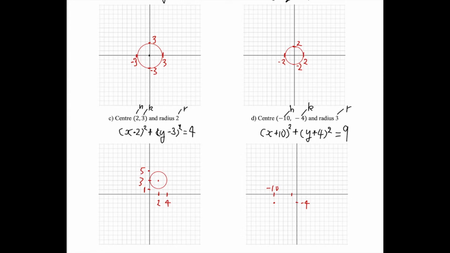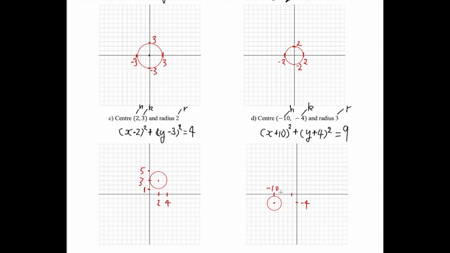Okay, so time to draw a circle. Now, radius of 3. In this case, if each of these units represents 2, then it's going to be 1.5, right? So 1.5 will look something like this. Okay, something like this. Now we have to label the key values.